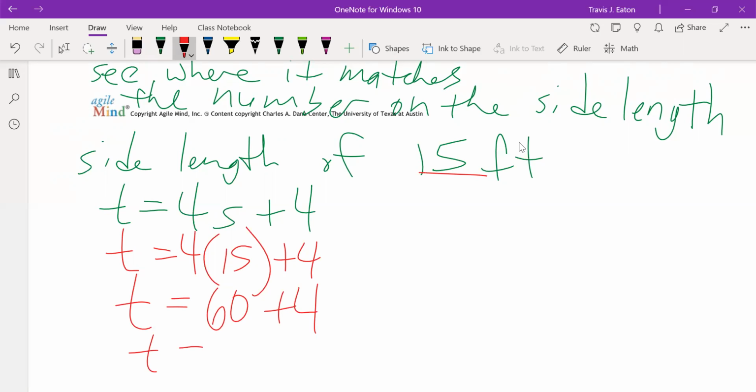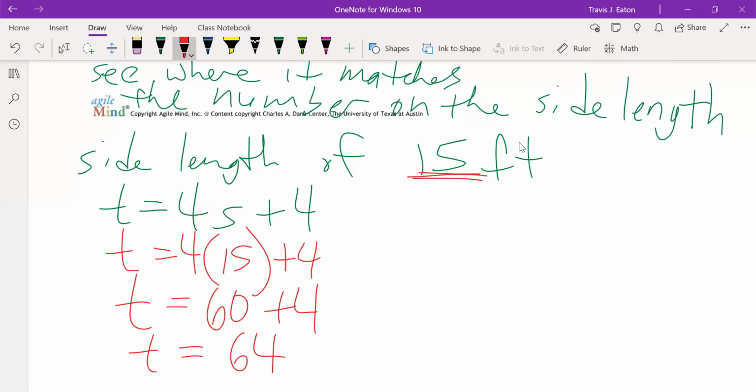So I would need 64 tiles to completely tile around a pond that has side lengths of 15 feet on each side. Pretty simple, right? Seems pretty straightforward to me.